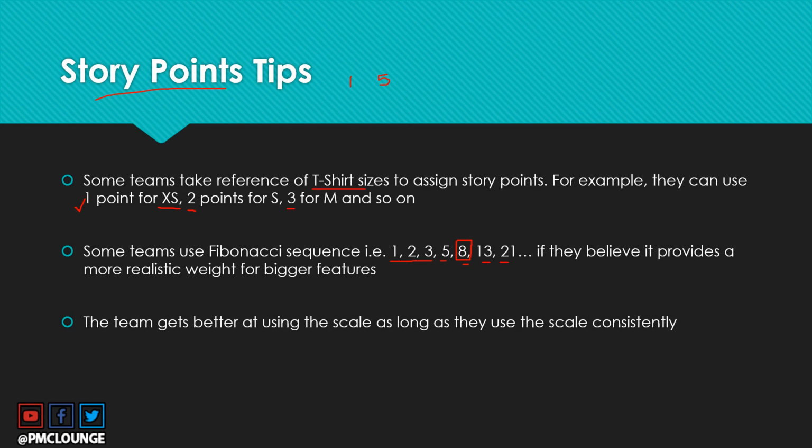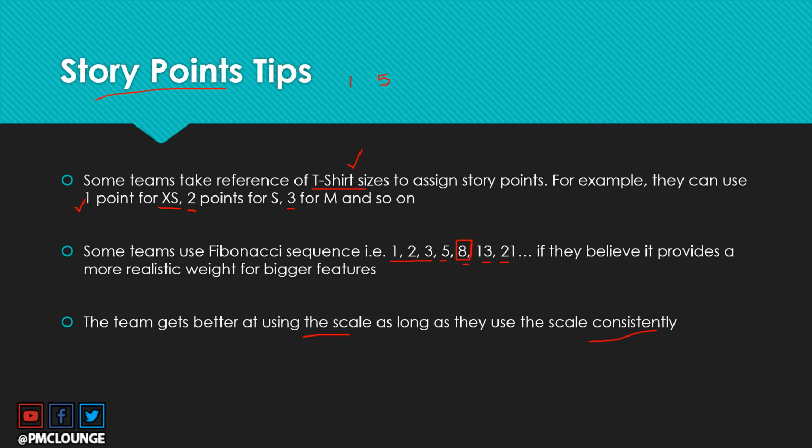The team obviously gets better at using these scales as long as they use them consistently. So if the team sticks to using t-shirt sizes as a reference to give points to their user stories, and if they consistently use it, the team is obviously going to get better at it.